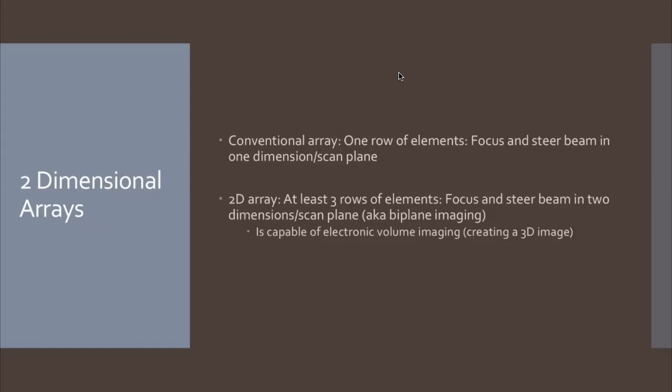So there's something called conventional arrays, and conventional arrays only have 1 row of PZTs inside of them. So those PZTs, when they're sent out into the body, are focused and steered in only that 1 dimension. And if you're like, I don't really understand, flip the page, go to page 62.